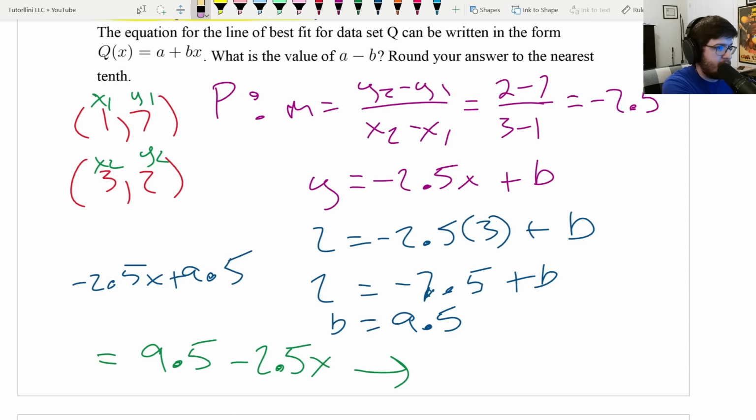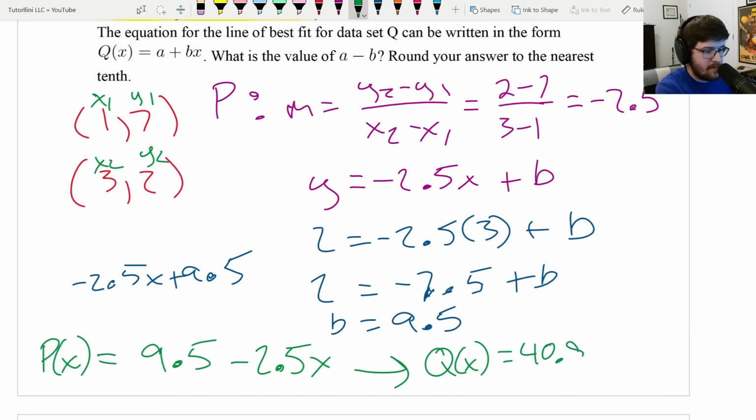How about I call this p of x? So the equation for q of x is, what's 9.5 times 4.3? That's 40.85. And then negative 2.5 times 4.3. That's negative 10.75.